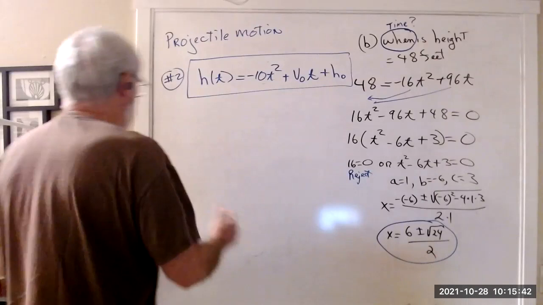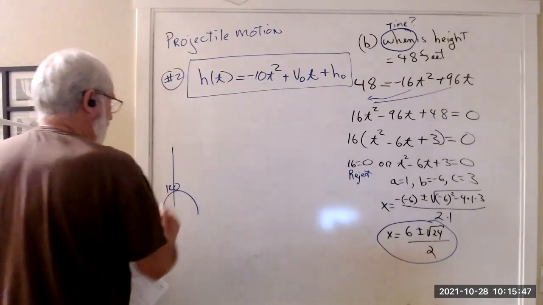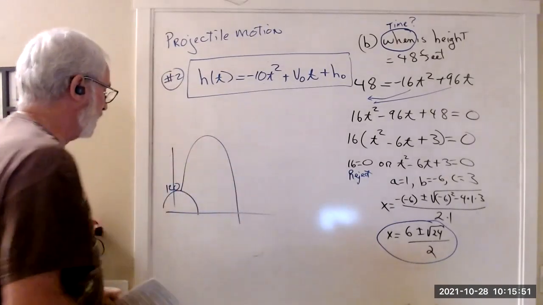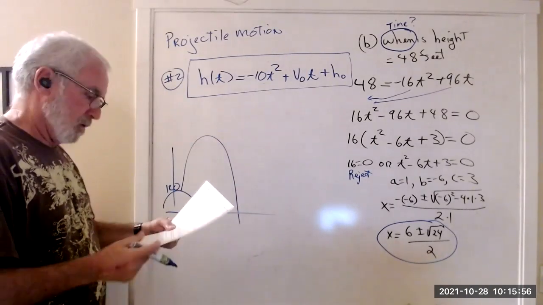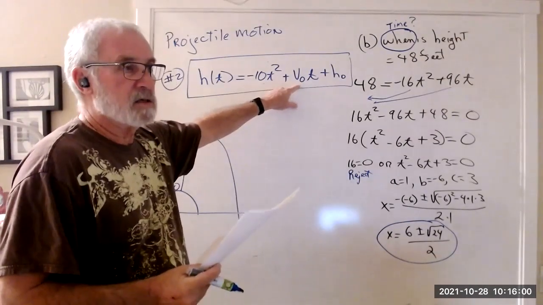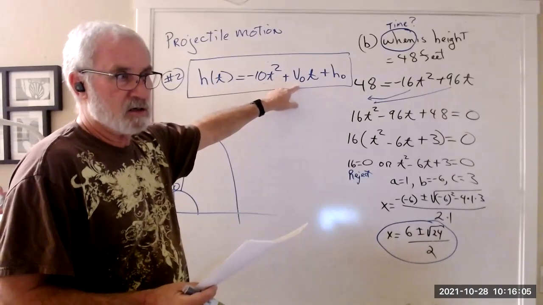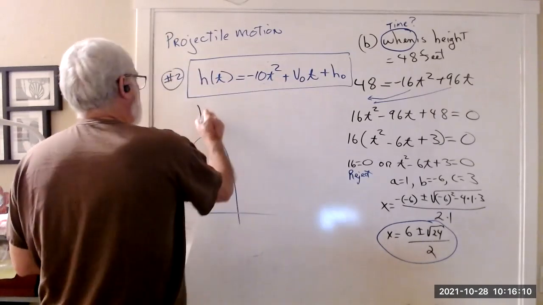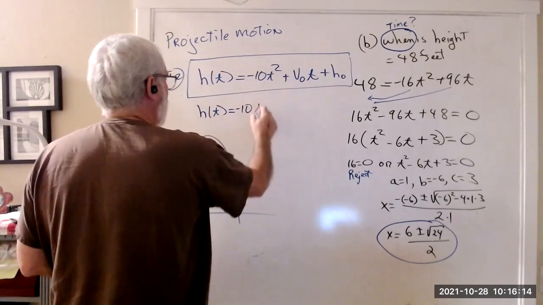So she's standing on a hill that's 120 meters high, and then she's going to throw the rock and it's going to come back down and hit the ground. So she's starting up 120. 40 meters per second is speed, velocity. So what you're supposed to do when you read this problem is say, oh, this is the equation or the function I want to use.